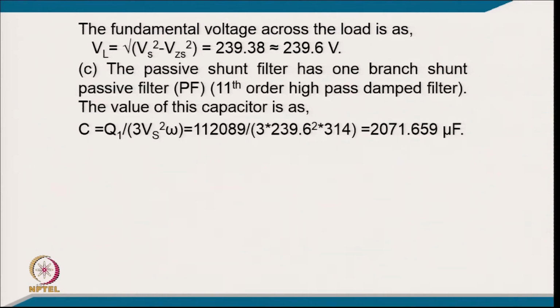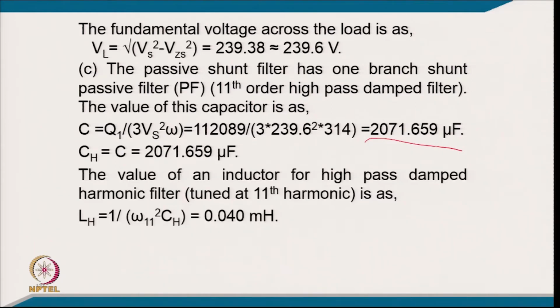And now, the passive shunt filter has one shunt branch, a passive filter, 11th order high pass only. So, that comes C equal to, for 3 phase 3 branch, Q1 upon 3 Vs square into omega. Putting the value it comes 2071.659 microfarad, and that is typically the capacitor for all 3 phases, and the value of the inductor tuned for the 11th harmonic is 1 upon omega square 11 square into Ch.